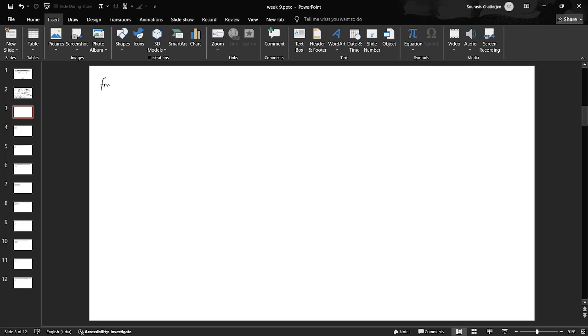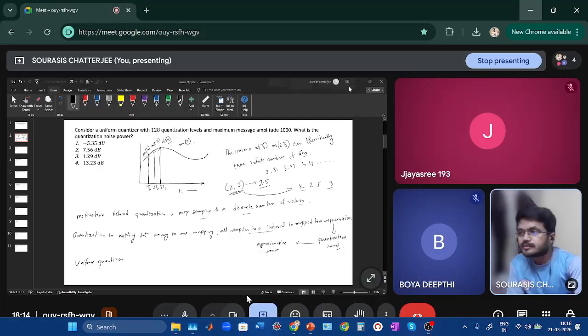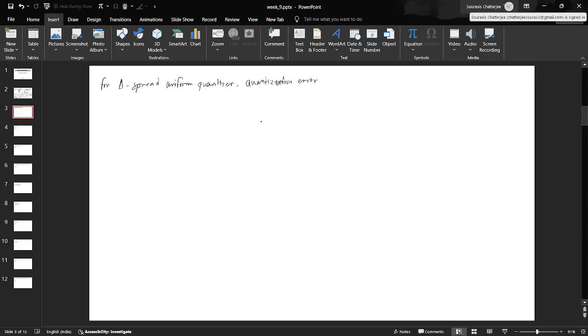So we see now that for the delta-spread uniform quantizer, the quantization error lies in the interval minus delta over 2 to delta over 2.